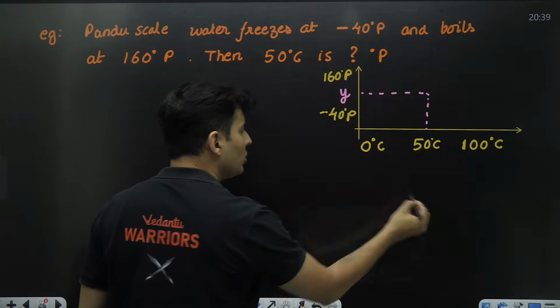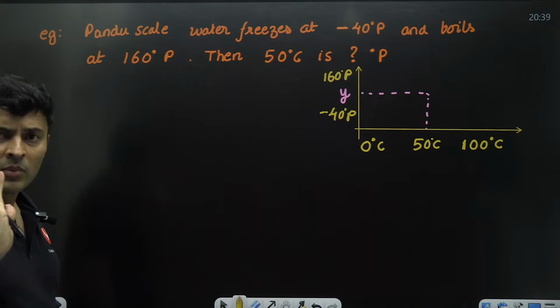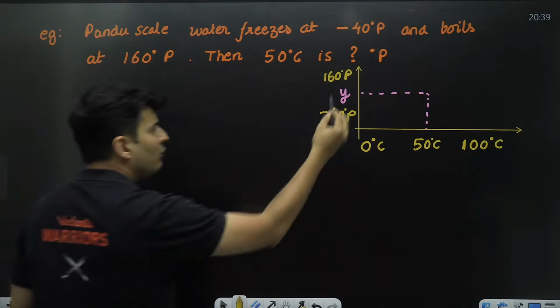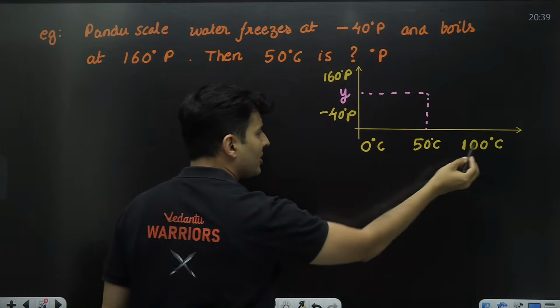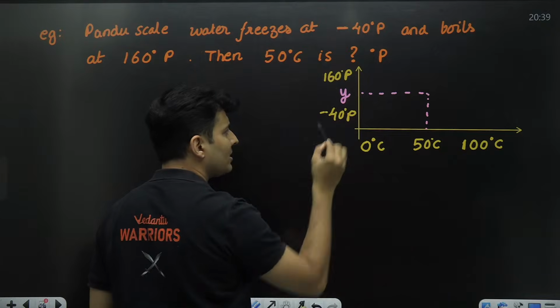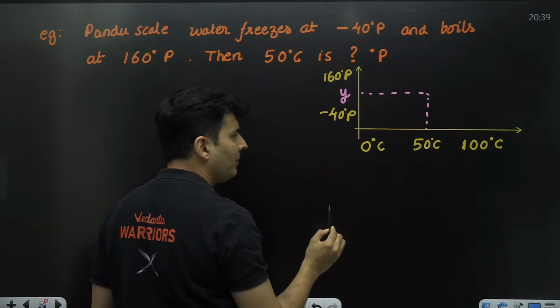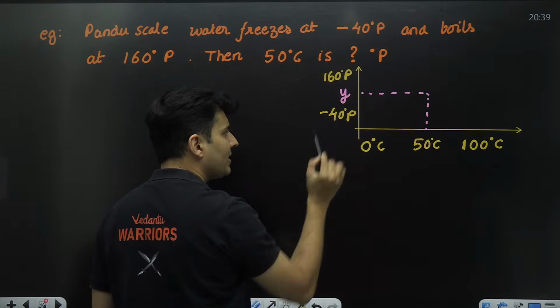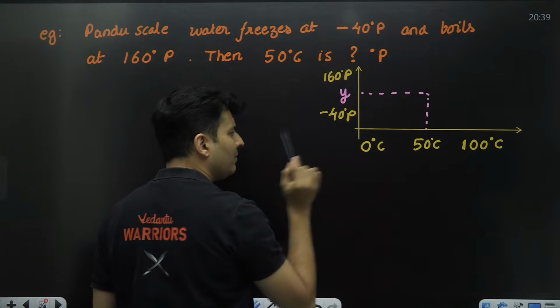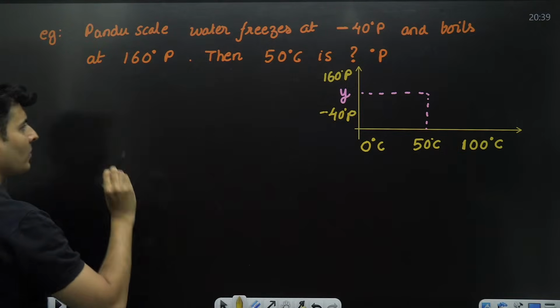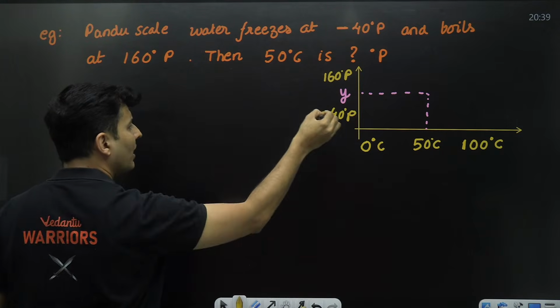So observe now, how are we going to solve it? All you have to do is use the 2-point form for your straight lines. y2 minus y1 upon x2 minus x1 is y minus y1 upon x minus x1. That's all. So what is y2 and what is y1?